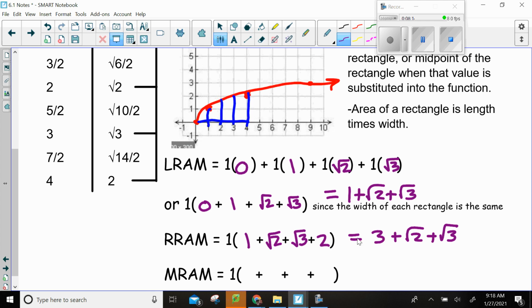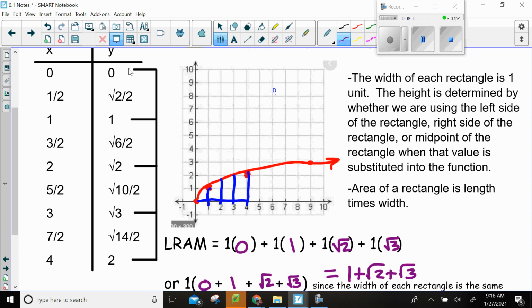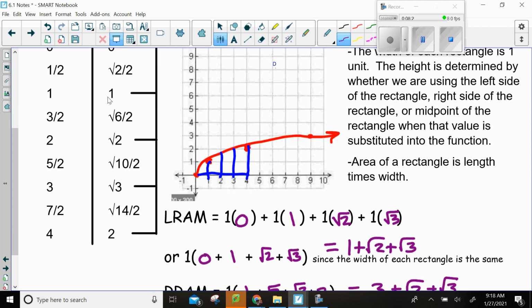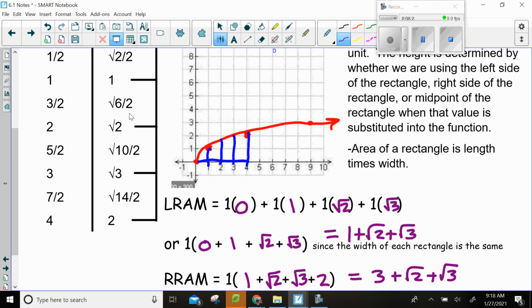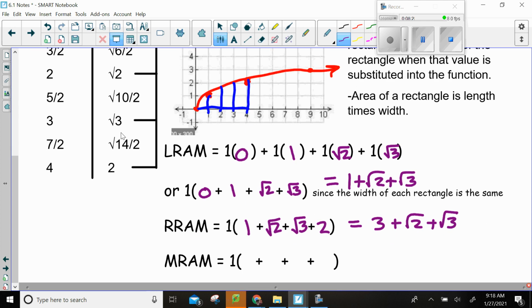Our MRAM, so we're looking at the same intervals, the same rectangles, but we're looking at the middle value. So on the first one, it's square root of 2. Second one is square root of 6 over 2. I did simplify those when I wrote them down. Square root of 6 over 2, square root of 10 over 2, and square root of 14 over 2.